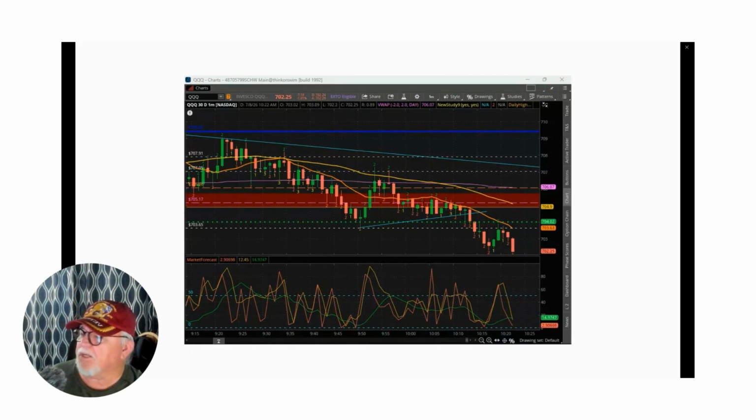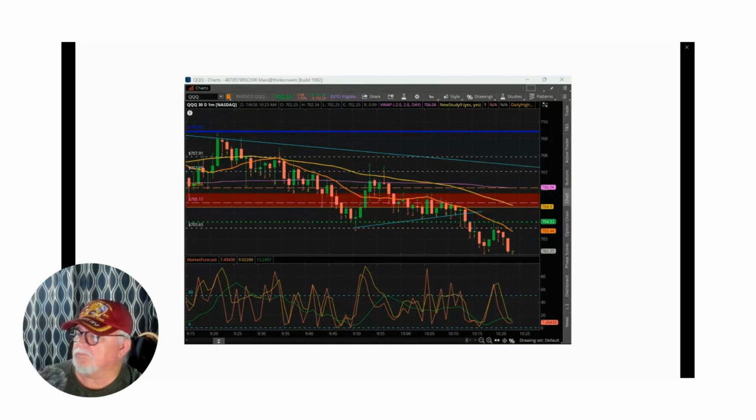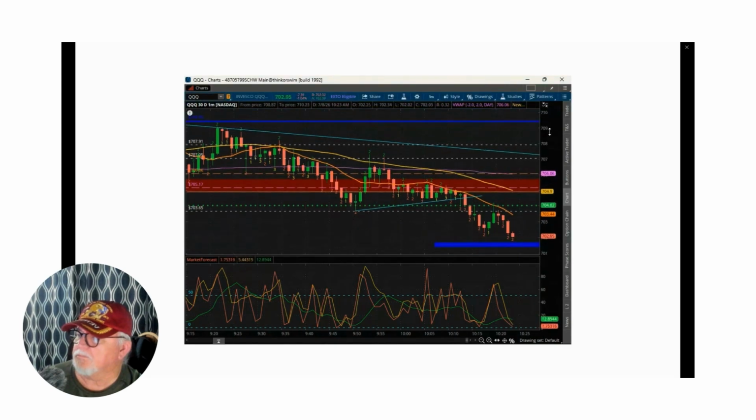Now let's see if the market continues on, continues going lower. Smooth that down a little. There you go. So as I said earlier, I thought it was going to go to this blue line.